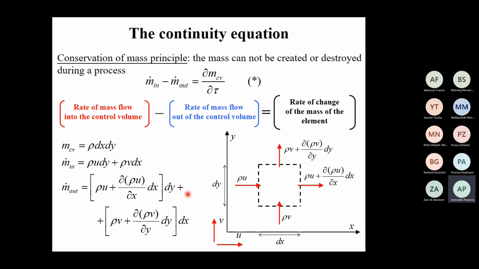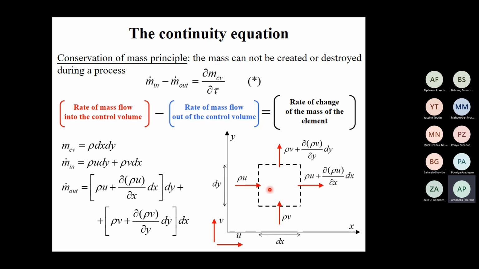If I have to consider the outlet contribution, I have to consider them at the outlet, so at the coordinates x plus dx and y plus dy. And I consider the usual formulation by considering the variable and the derivative of a variable in the same direction, I mean considering dx.